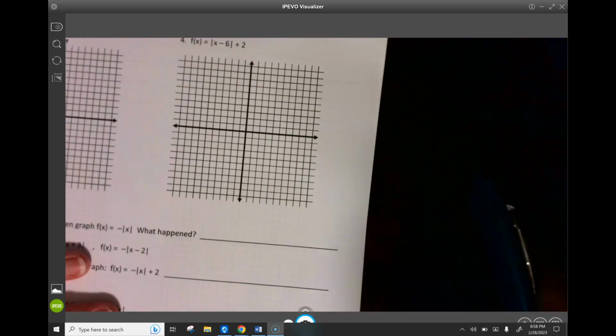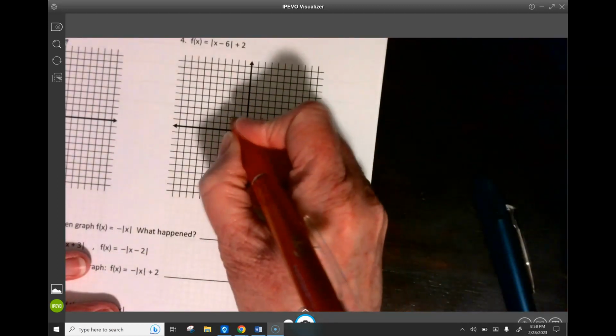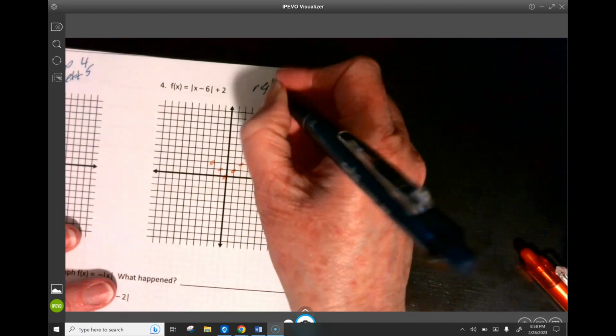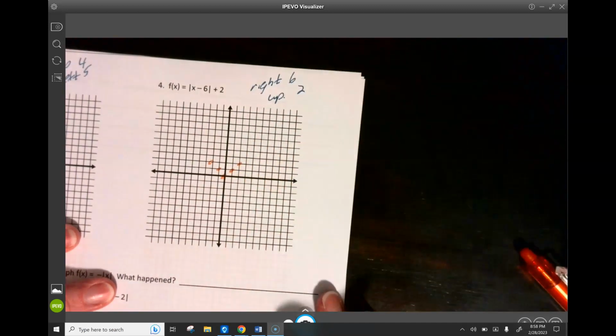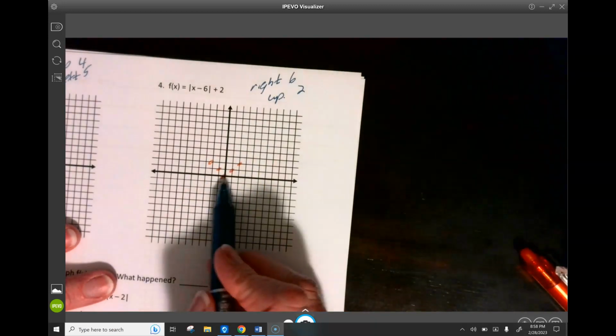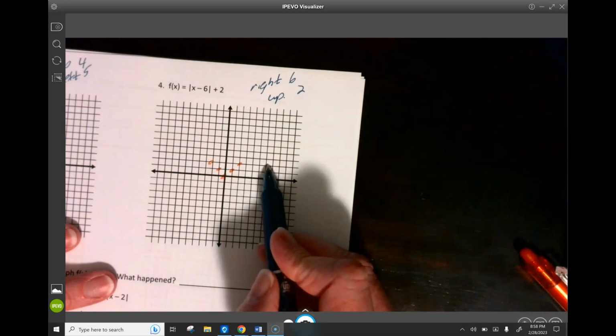We're going to plot the parent function. Let me show you one other thing. So now look at your shifts. My shift is going to go right 6 and up 2. So I'm going to show you with the vertex. I'm going to go right 6, 1, 2, 3, 4, 5, 6, and I'm going to go up 2.